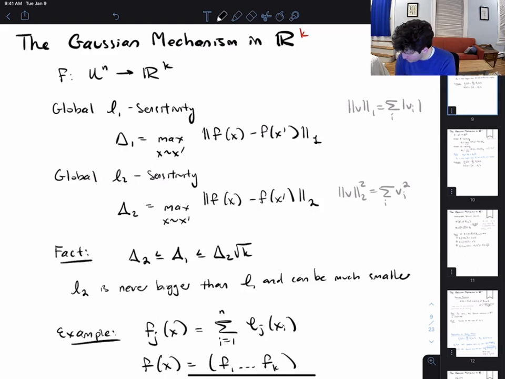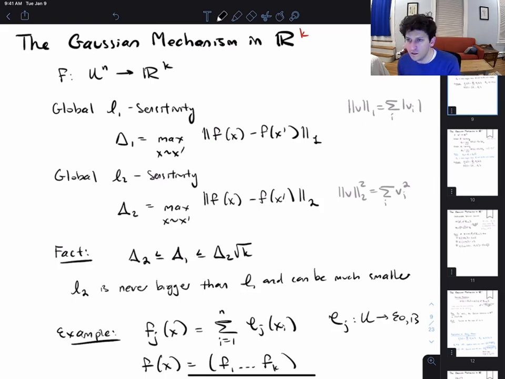And one important example to look at is where we have a set of k count statistics. We have a bunch of functions from the domain to 0, 1. And every function f_j is just counting how many people in the data set satisfy phi_j. And f is just going to be the vector that collects all k of these statistics and concatenates them together.